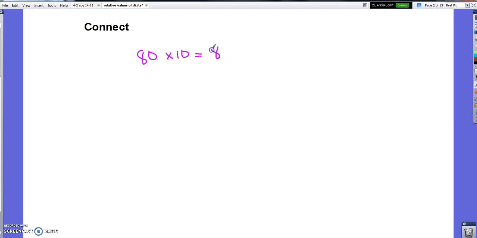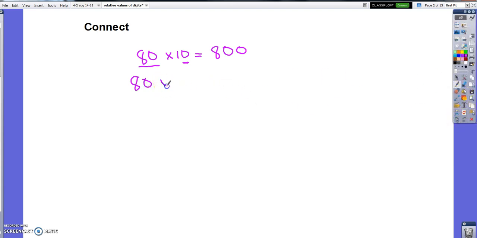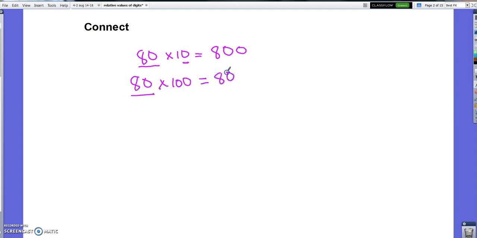The shortcut to find that answer is I make my 80, and then I add one digit if I multiply by 10. 80 times 100 gives me 8,000, and then everything moves over in place value from the times 100. 80 times 1,000 gives 80,000, one, two, three zeros.